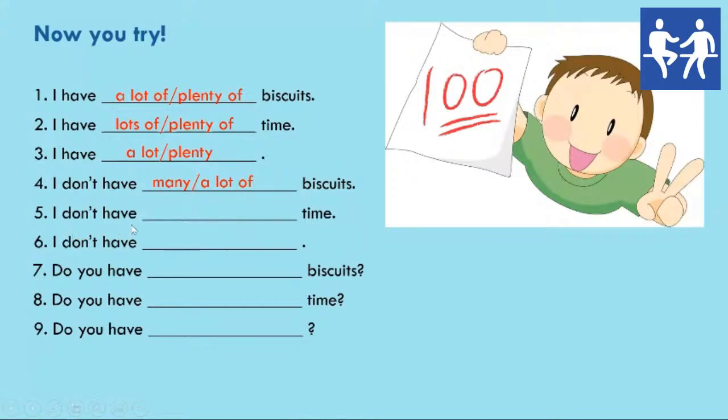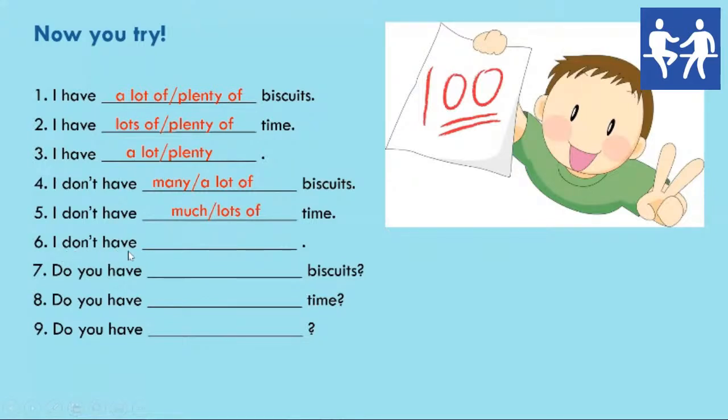Sentence 5, I don't have time. Another negative sentence, but this time time is uncountable. So we can say I don't have much time or I don't have lots of time.